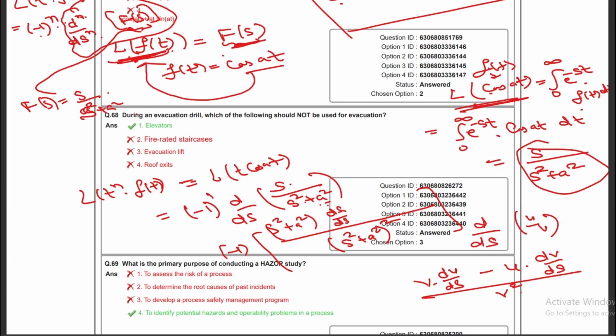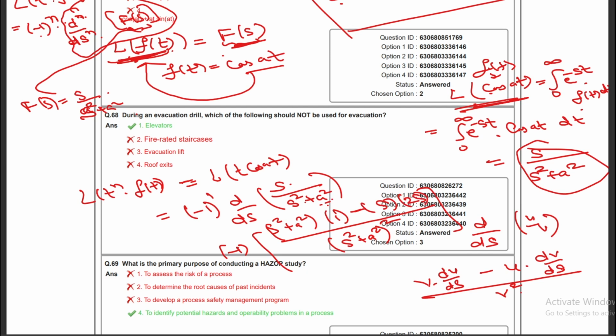I'll directly put it here. So the value will be 1 minus, take u as it is, u is s, and differentiation of v with respect to s, v is s square plus a square, its differentiation is 2s.